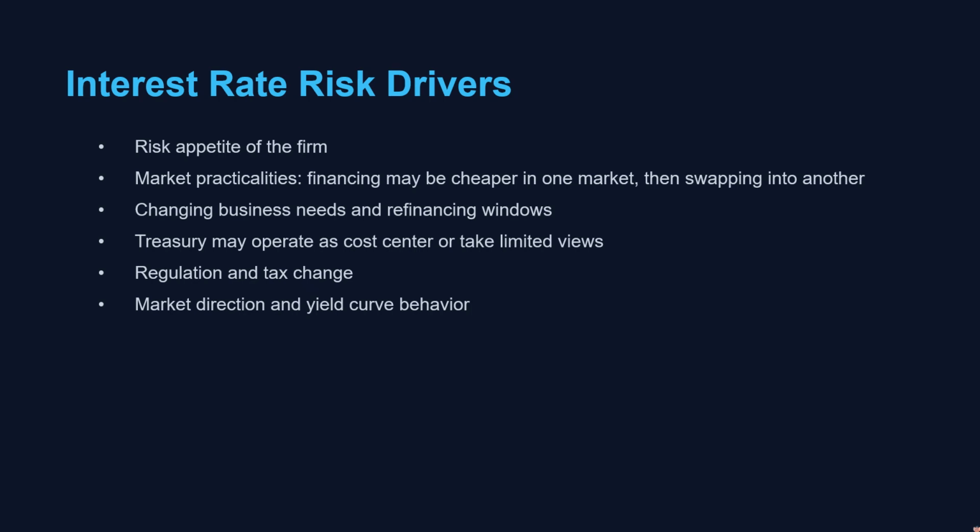Regulation and tax treatment also matter, especially for financial institutions. And finally, yield curve behavior also matters. A firm is not just exposed to rates in a single numbered sense, it may be exposed to curve shifts, like steepening curve, flattening curve, basis changes, and receipt timing.